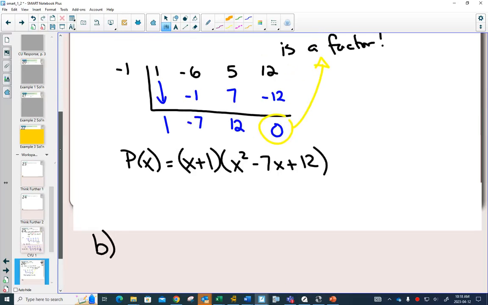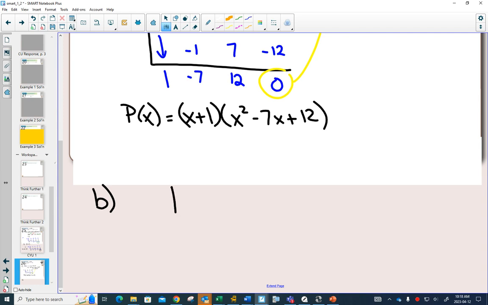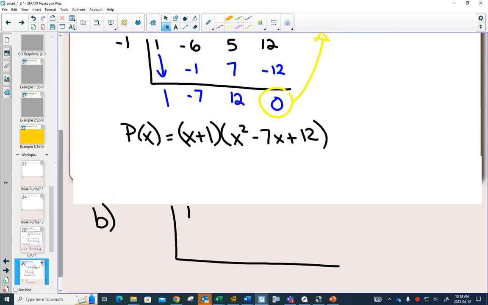Part B, we are dividing by x minus 3. I'm going to set up my synthetic division with 1, -6, 5, and 12. We're dividing by x minus 3. So that would mean that I would put a positive 3 on the outside.